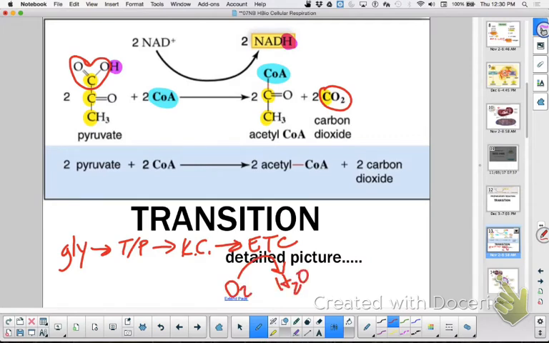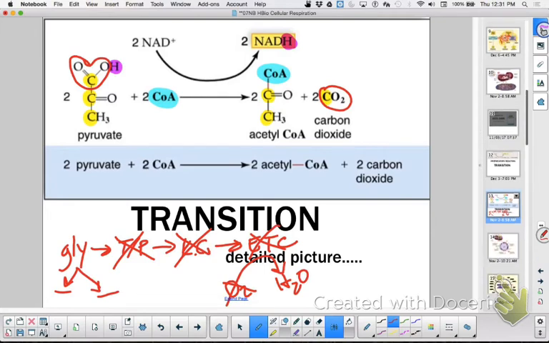But if you don't have the oxygen here, no electron transport chain, no Krebs cycle, no transition prep, and instead you're going to go down the fermentation pathway where you're either making lactic acid or alcohol. Yeah, it makes our muscles sore. Is that good? So you really don't need it to the very end, but it backs everything else up when you don't have it.